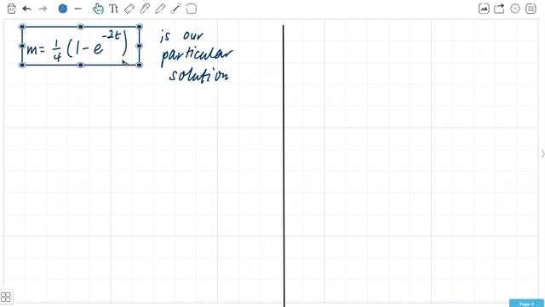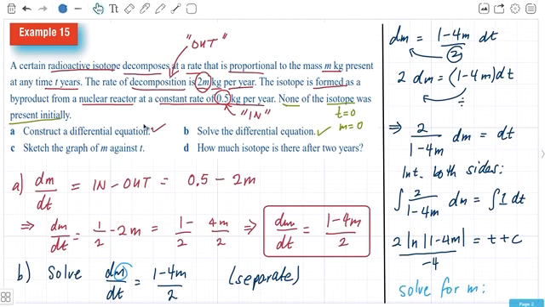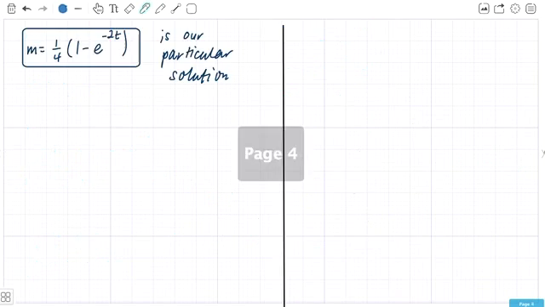Alright, so now we have to look back at our question. You can see we've constructed the differential equation, we've also solved the differential equation. Now we have to sketch the graph of m against t. What I want to look at here is expanding this out: a quarter minus a quarter e to the negative 2t.